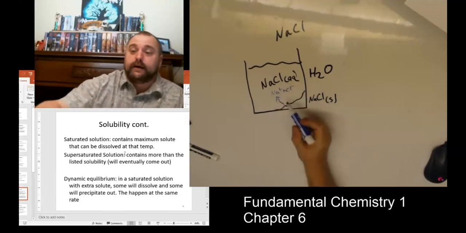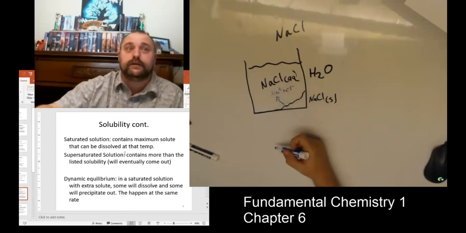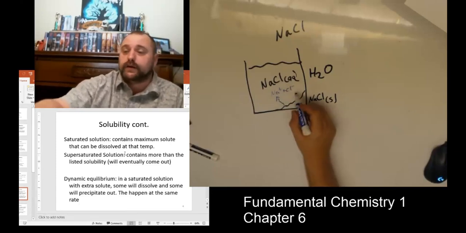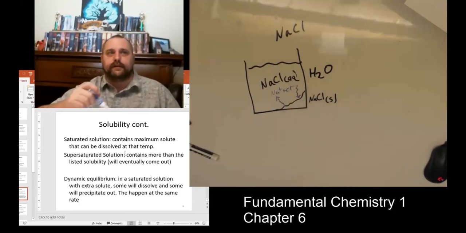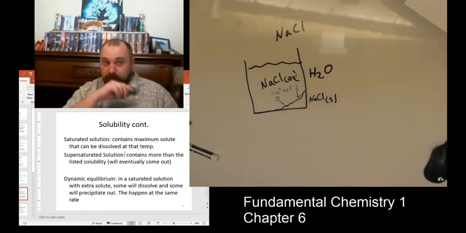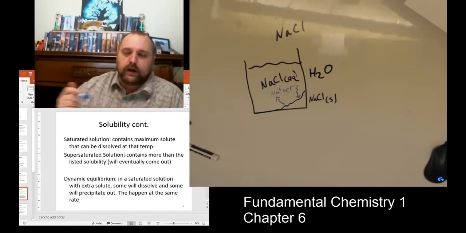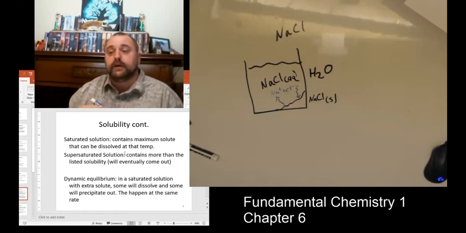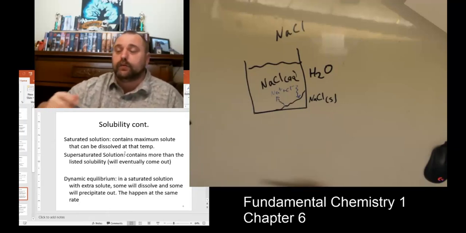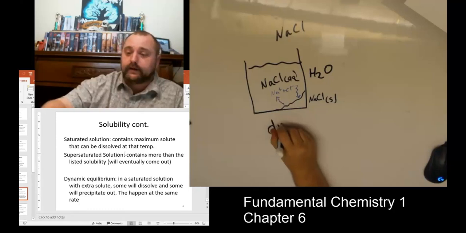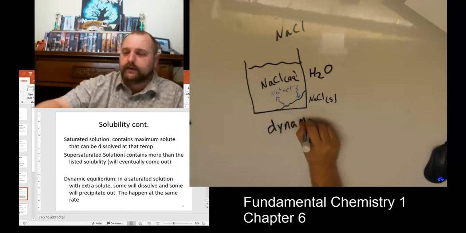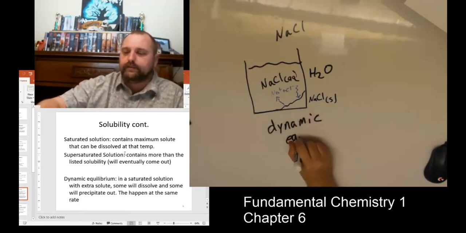But now I've got too much in solution, and so some of it has to come out. And so some's constantly going in, some's constantly going out. This is called a dynamic equilibrium.